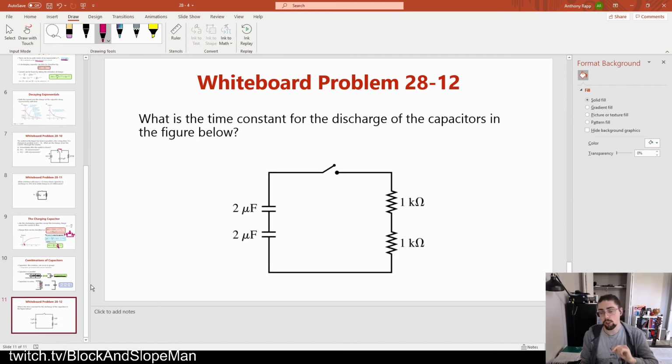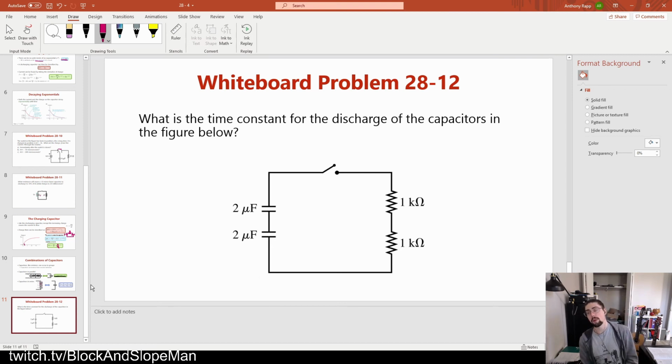That's important because if we look at this problem right here, I can't just plug in 2 microfarads and call it a day. I have to take the effective capacitance of the circuit and the effective resistance of the circuit to properly describe what's going to happen. So let's take this problem right here.